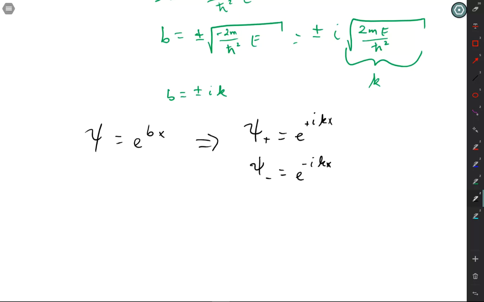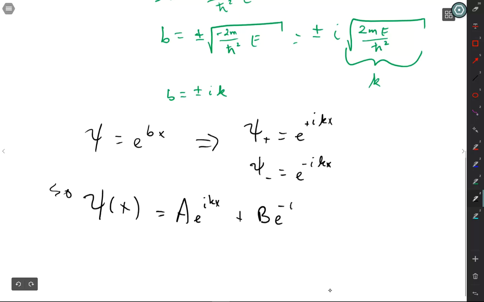So my full psi as a function of x is equal to a e to the ikx plus b e to the minus ikx. That's my solution. It's a perfect solution. I could keep my solution like that and go to the next step of normalizing, but I won't, because there's an easier way to deal with it.